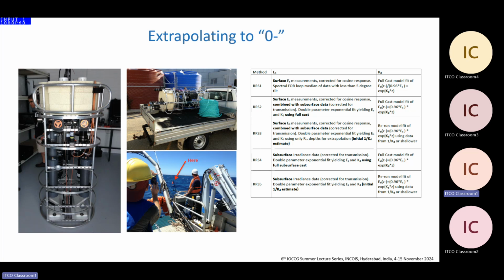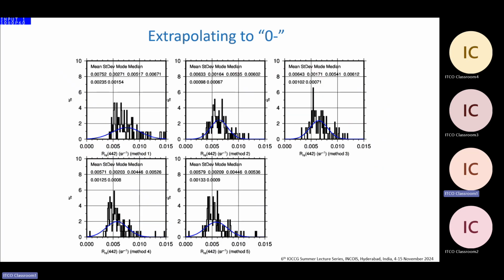But then we were trying different ways of doing this, but we didn't have any other measurement to tell us which one was the right one, actually. So I made the decision to look at these 5 techniques to calculate the LU 0 minus, to look at all sorts of clear sky days and look at the distribution of the values we were getting.